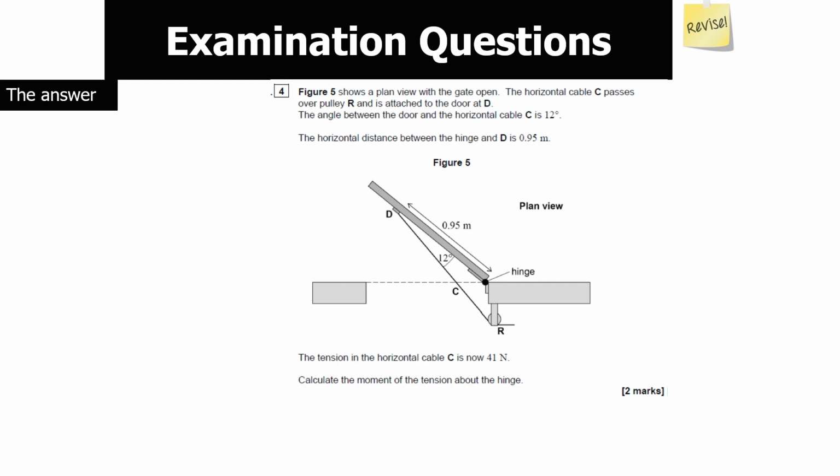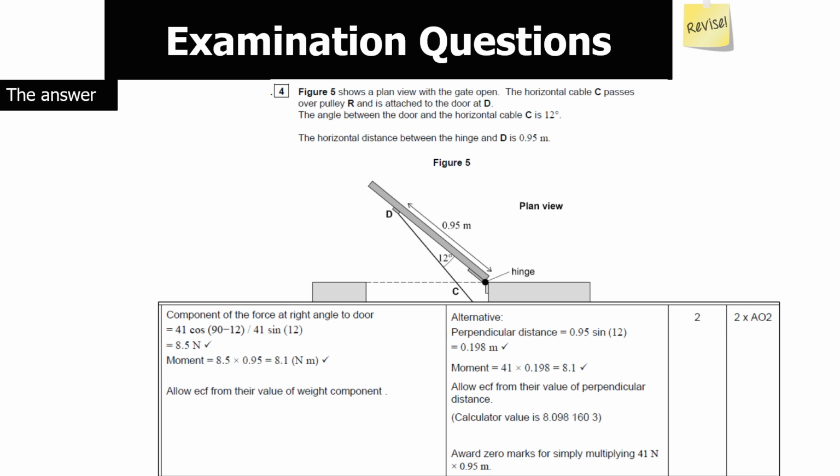Right, so how are we going to work this out? What you've got to realise once again is that it's at an angle, so you've got to consider the component. So you're going to have to work out the component of the force at right angles to the door. Now the angle you're given is not actually the one at right angles in that sense, so it'll be 41 cos 78, or you could do it as 41 sin 12, depending on how you want to work out your right angled triangle.